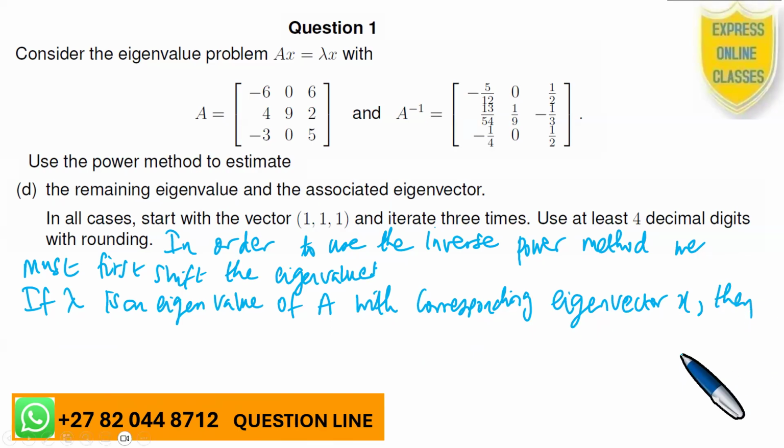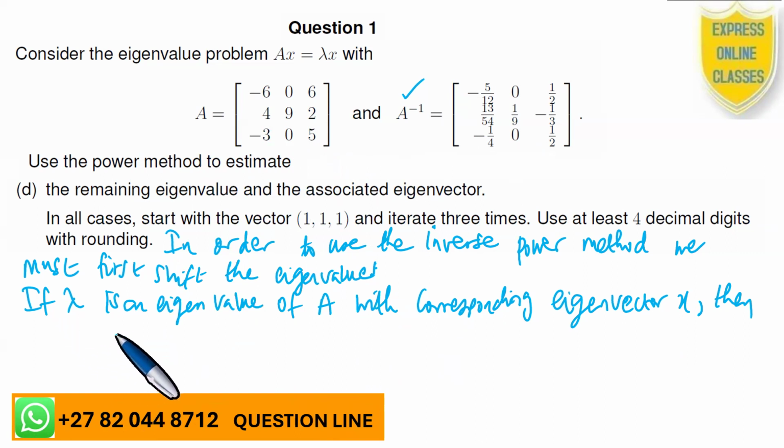In order to use the inverse power method, obviously we shall be dealing with the inverse matrix here as well. We must first shift the eigenvalues, for the first time; we did not perform shifts before. We only do shifts when we are dealing with the intermediate eigenvalue, whose magnitude is not the smallest or the biggest, but is midway.